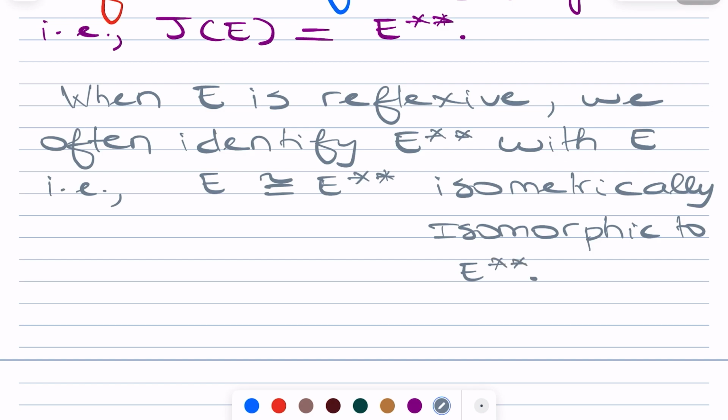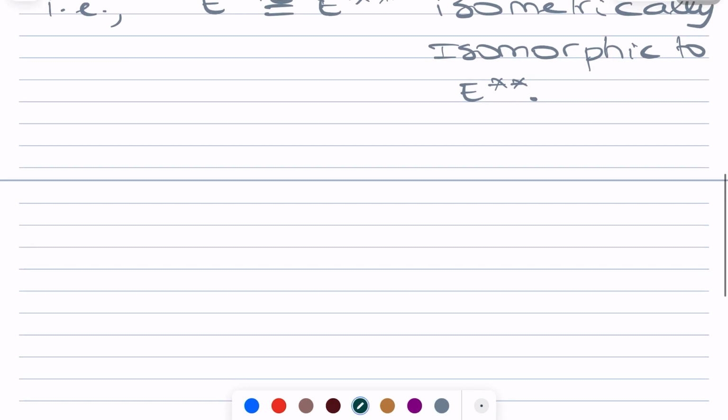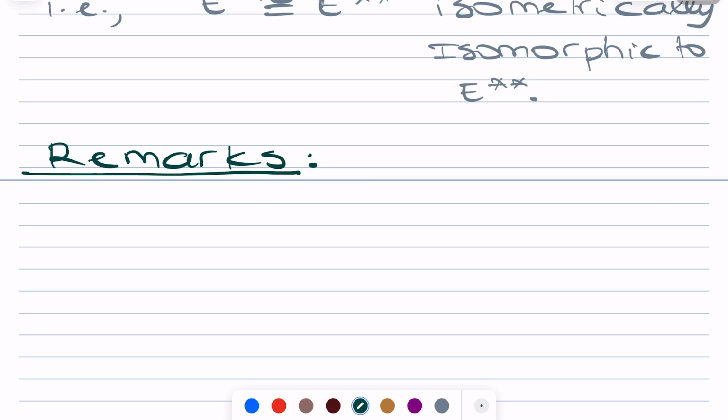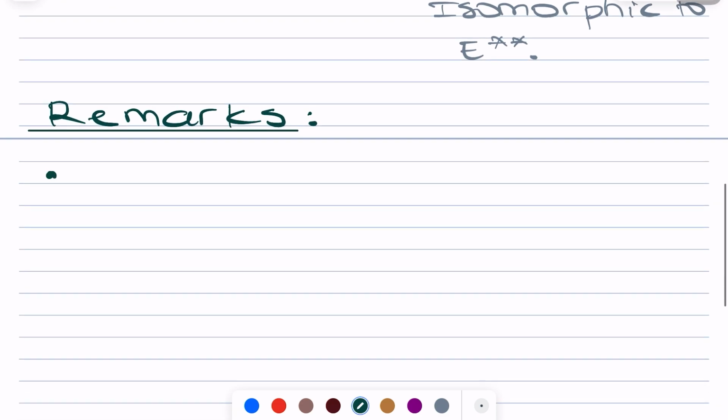Okay, so let's have some remark. The first thing is to note that finite dimensional spaces are reflexive.